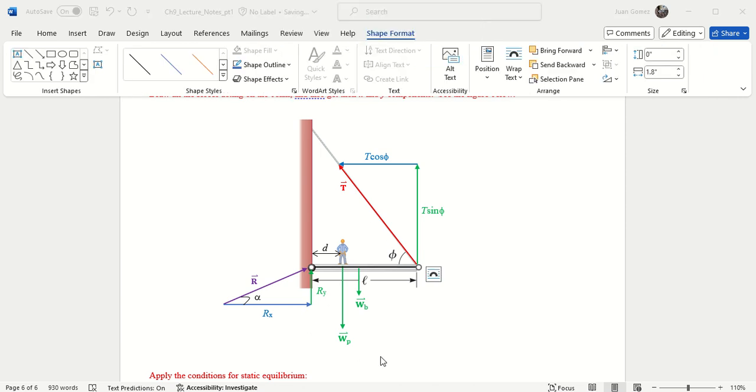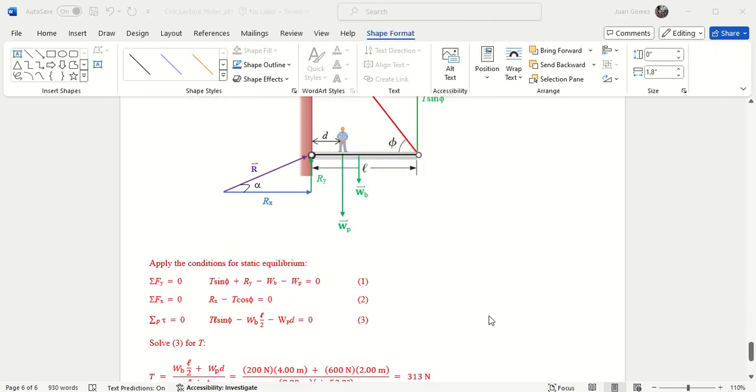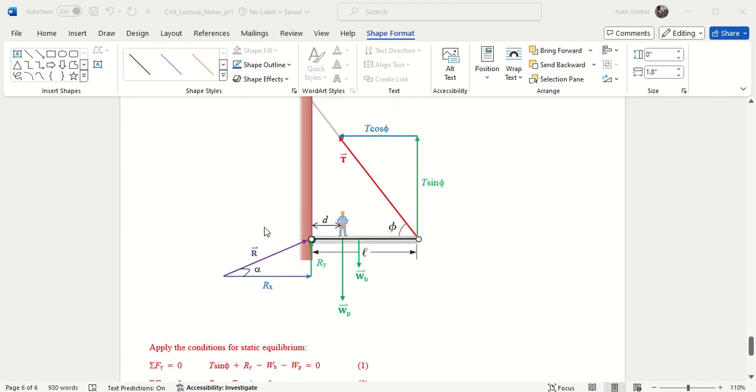So now we're going to obtain equation 3. We're going to do the sum of the torques. Well, we have to imagine, if the beam were free to rotate about that pivot, what torque would the forces produce? Well, T would cause the beam to rotate counterclockwise.